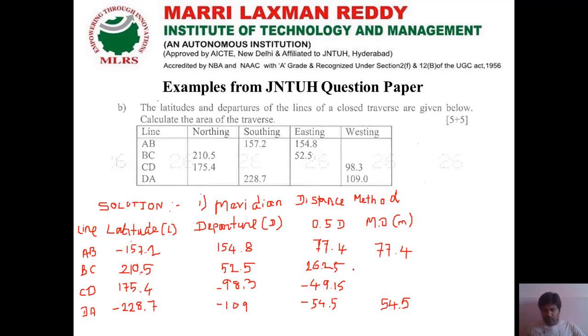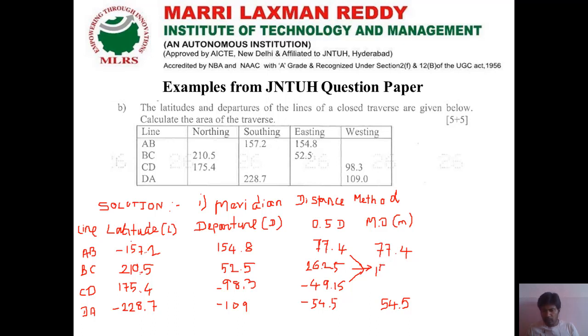For the second value, we have to add the previous line as well as the next line, along with the value of 0.5 times the departure. So 77.4 plus 26.25 plus 49.15 gives the answer of 152.8.